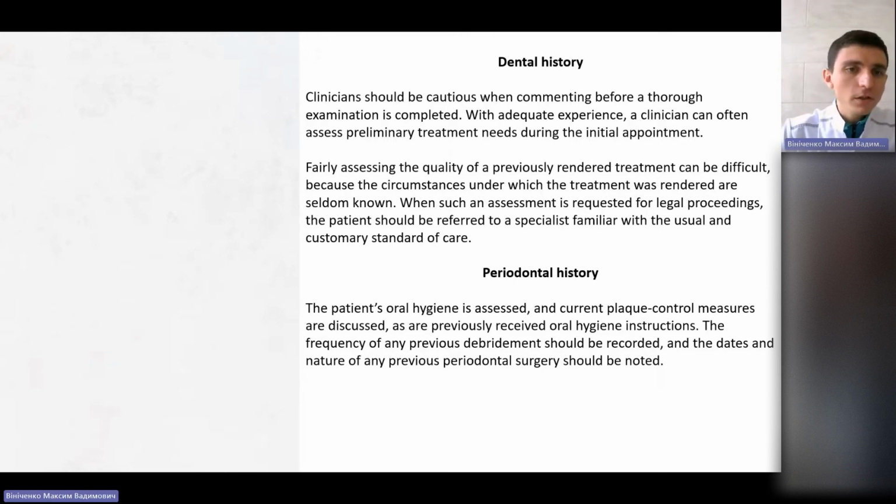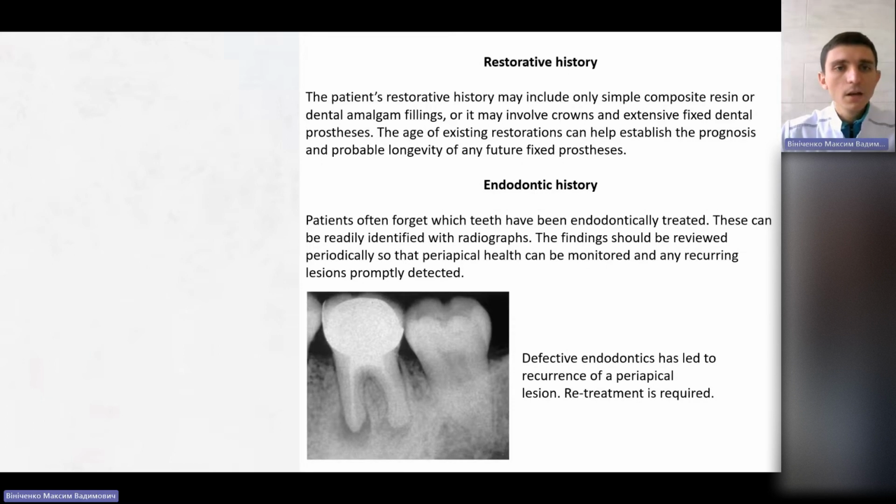About periodontal history, the patient's oral hygiene is assessed and current plaque control measures are discussed, as are previously received oral hygiene instructions. The frequency of any previous debridement should be recorded, and the dates and nature of any previous periodontal surgery should also be noted.